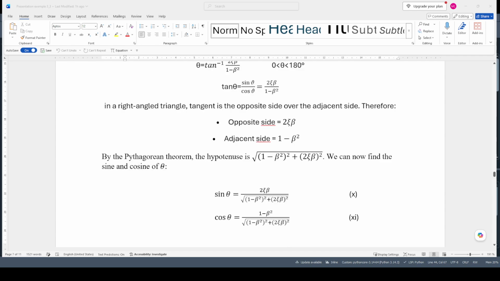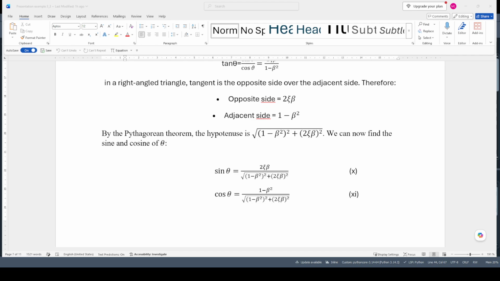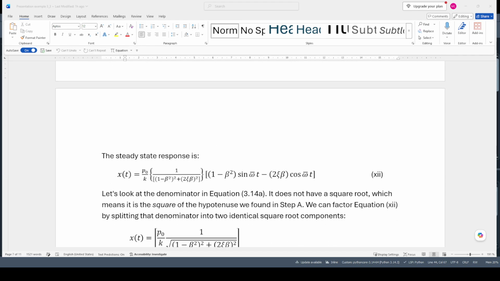We can now find the sine and the cosine of theta: sine of theta is equal to the opposite side divided by the hypotenuse. Cosine of theta is the adjacent side divided by the hypotenuse.